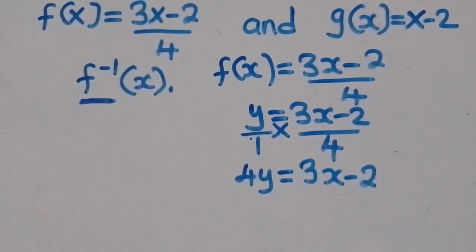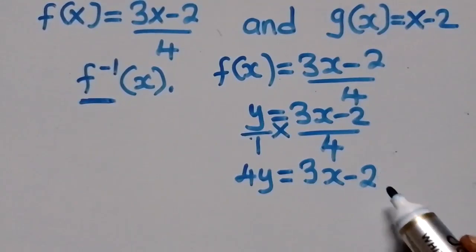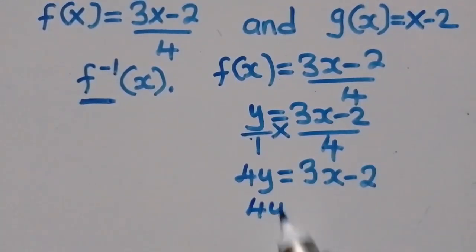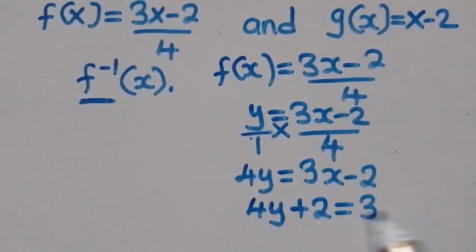Since you are making x the subject, the minus 2 will come to this other side. So in this one crosses the equal sign, it becomes positive 2. You are going to have 4y plus 2, which is equal to 3x.